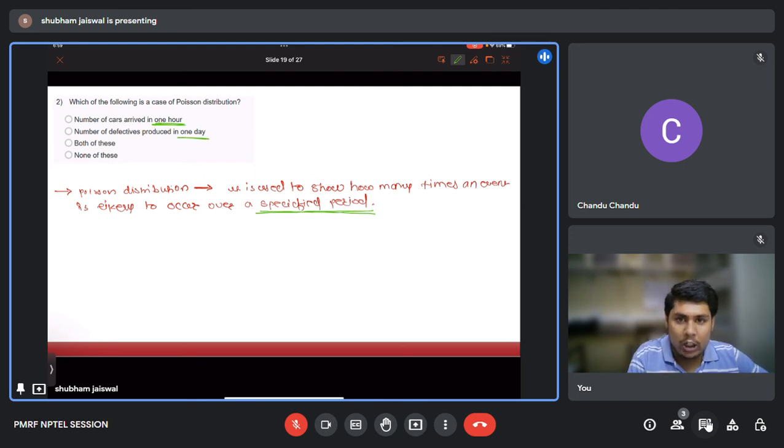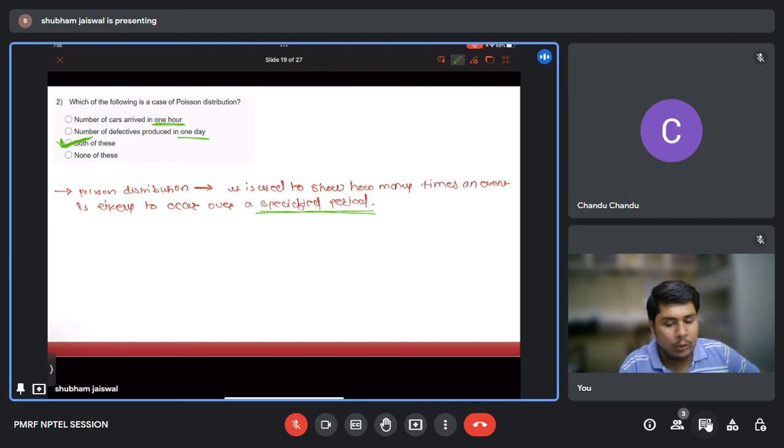So in both cases the specified period is mentioned, and that is the condition of the Poisson distribution. So the correct option will be both of these.